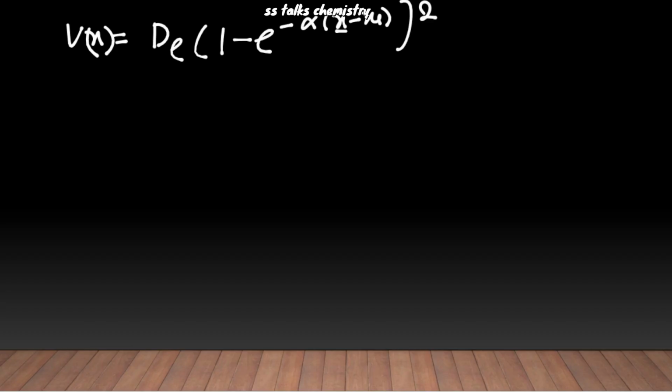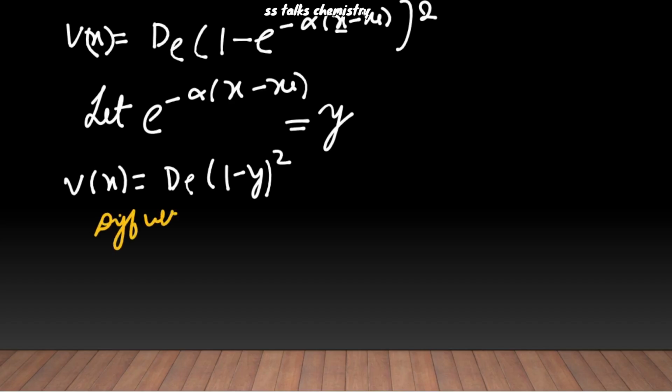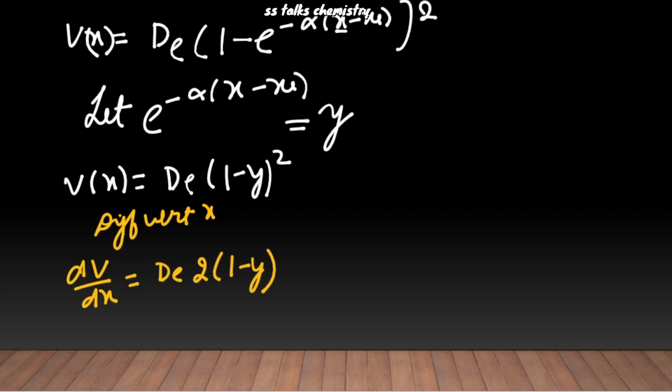Now to simplify this, let e raised to the power of minus alpha (x minus xe) be y over here, right? So V(x) will be reduced to dE into (1 minus y) squared. So now you differentiate it with respect to x. So we will be getting dV by dx as dE 2 times (1 minus y).